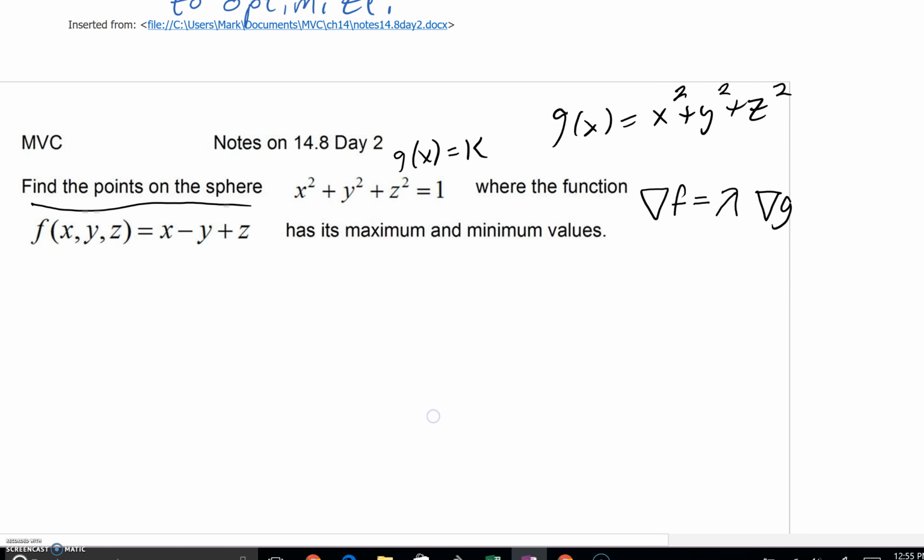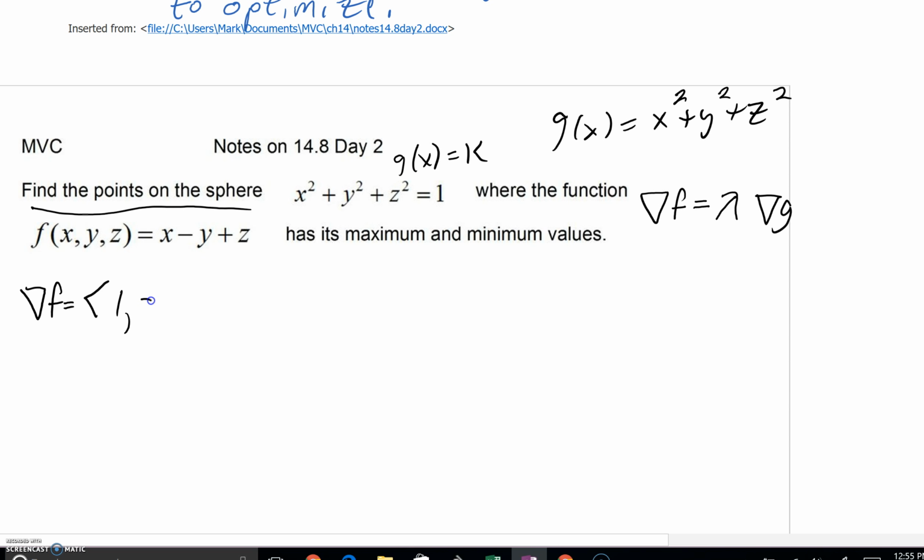So let's find the gradient of f very quickly. The derivative with respect to x with this f function would be just 1. Wow, you can just come up with a constant. How about the derivative with respect to y? -1. And how about the derivative with respect to z? Just a 1. Wow, a little surprising perhaps.